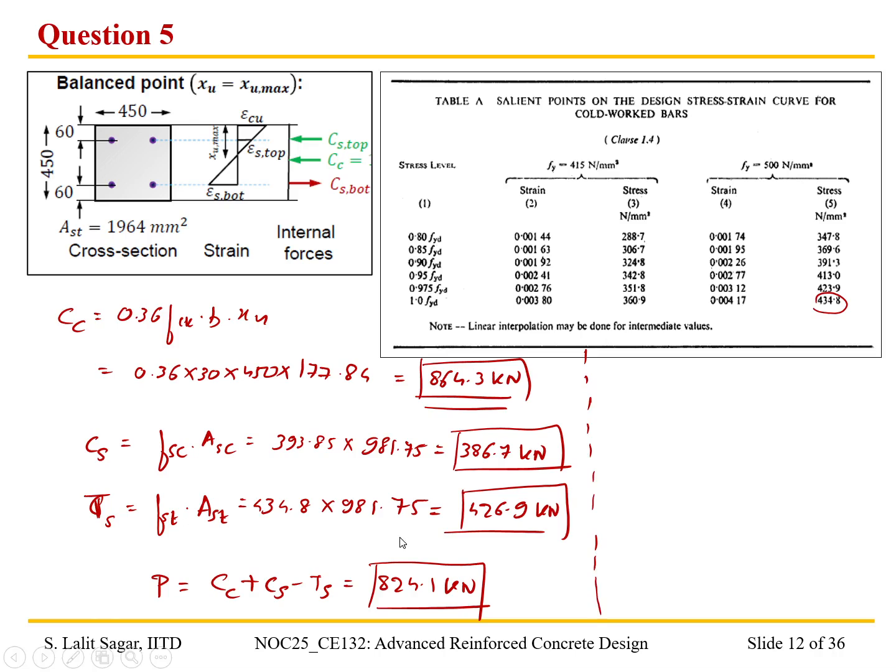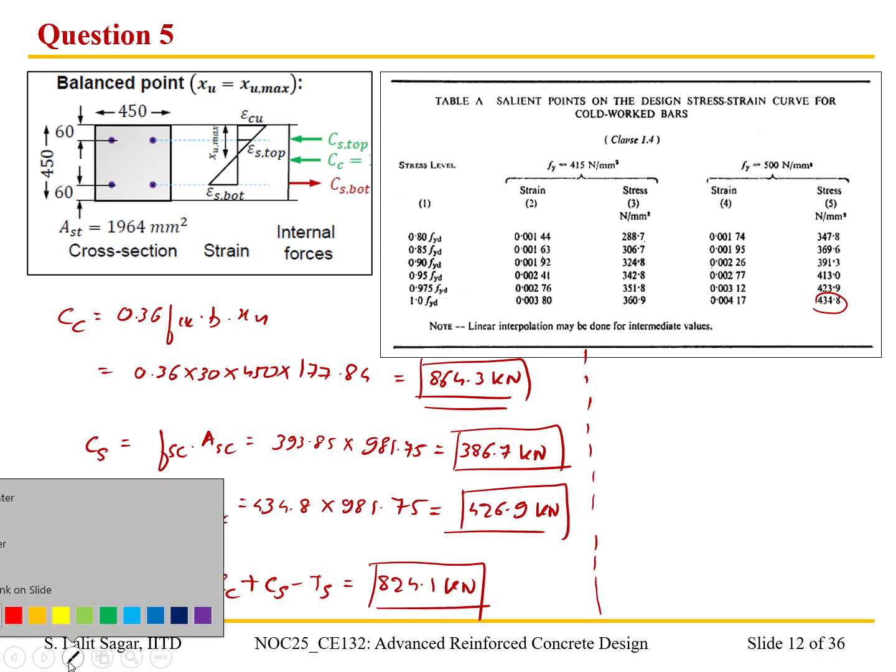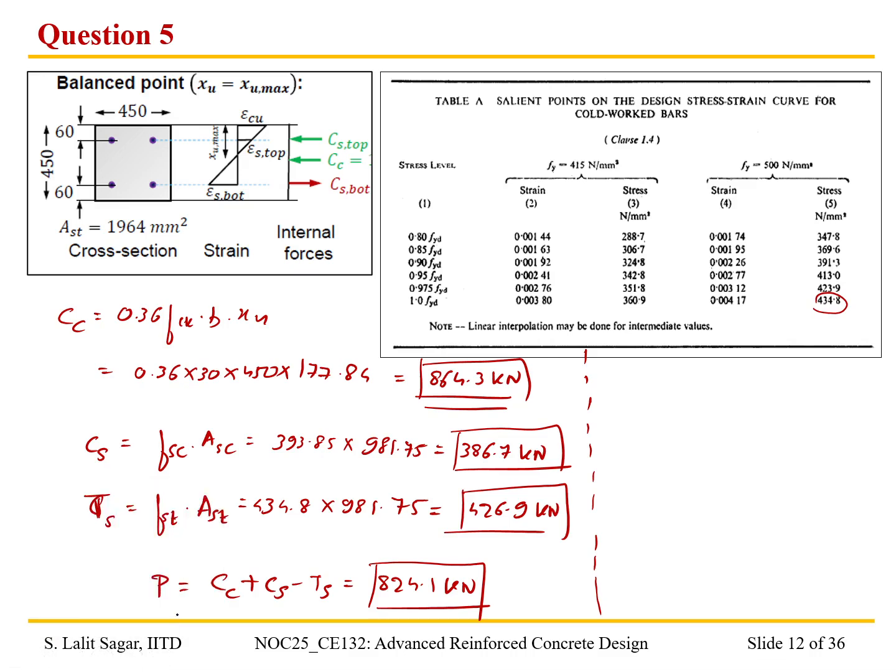For the moment capacity, we need to consider the mid height of the cross section. We have the mid height over here, right? And if we consider the moment capacity, CC is acting in the anticlockwise direction, so is the CS, and TS also acts in the same direction. So let me write down the equation for the moment capacity.